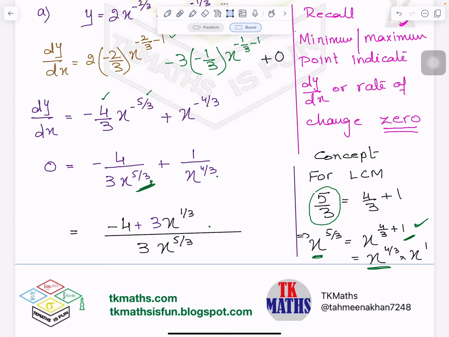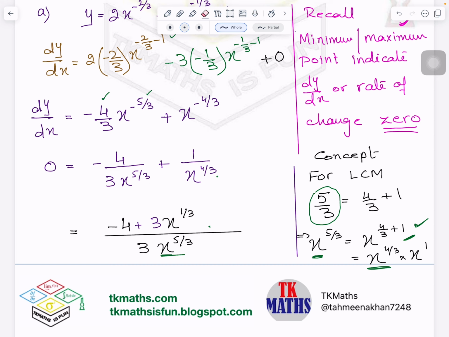Okay, so here this 1 will be multiplied by 3 times x power 1. You understand? Because x power 4 over 3 is already here, and this thing is equal to x power 4 over 3 plus 1. So this part is already here. x power 1 is missing and 3 is missing. So that's why the numerator I will multiply by this. So this is the little tricky part here which one has to understand. Otherwise the rest is okay.